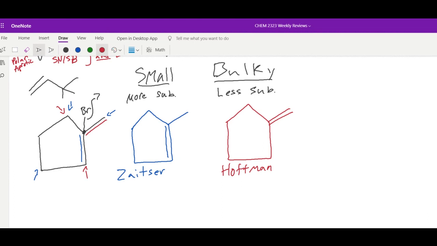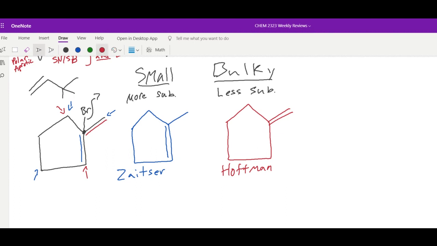Okay. So some common examples of small bases and bulky bases. This is a good list to keep in mind, especially for the bulky bases, because there aren't many examples you will see.